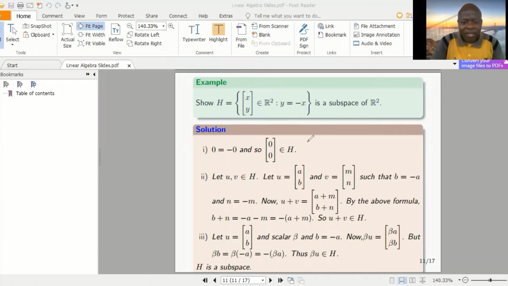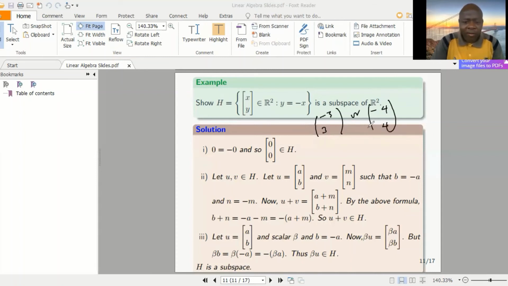So in fact, let me just tell you that we'll be having elements like, if y is 3, then this will be negative 3, or this is negative 4, then this is positive 4 and so on.